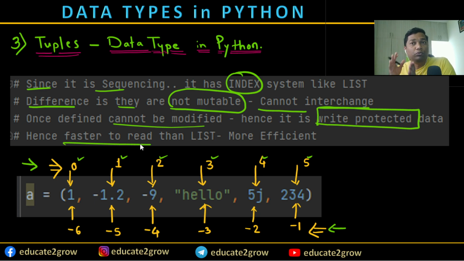Even lists have certain advantages and disadvantages. We need to use lists as well as tuples based on the requirement. Let me go to the programming window. I'll show you how the immutability works, and we'll try to replace one value to see whether it works or not. Let's check.